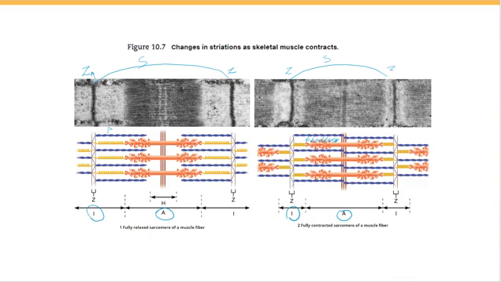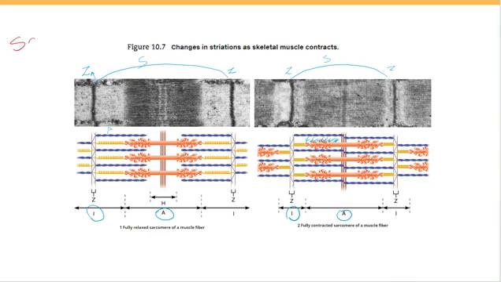But during contraction, we have overlap between actin and myosin. So the area that would be only myosin filament is actually not there. So you can see the H zone disappeared. So that is the changes of the striations or sarcomere during muscle contraction.